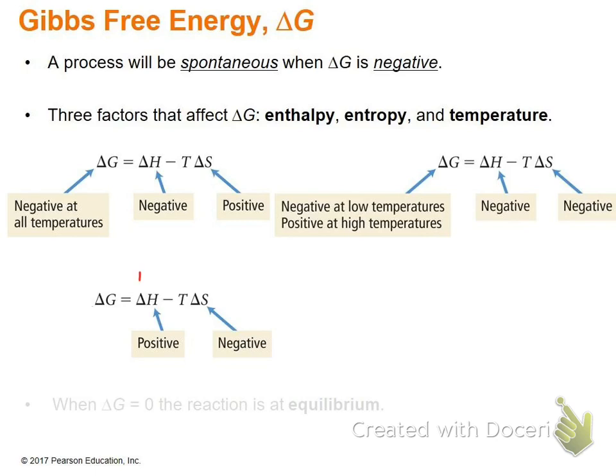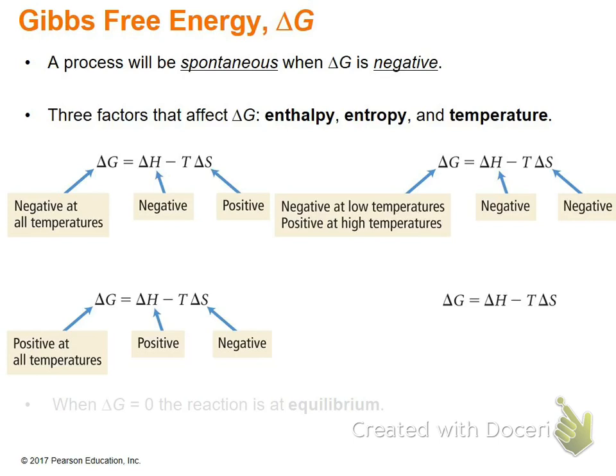So if this is positive, and then we're subtracting T times a negative value, a minus a negative gives you a positive. So a positive plus a positive will always give you a positive value. So delta G is going to be positive at all temperatures.